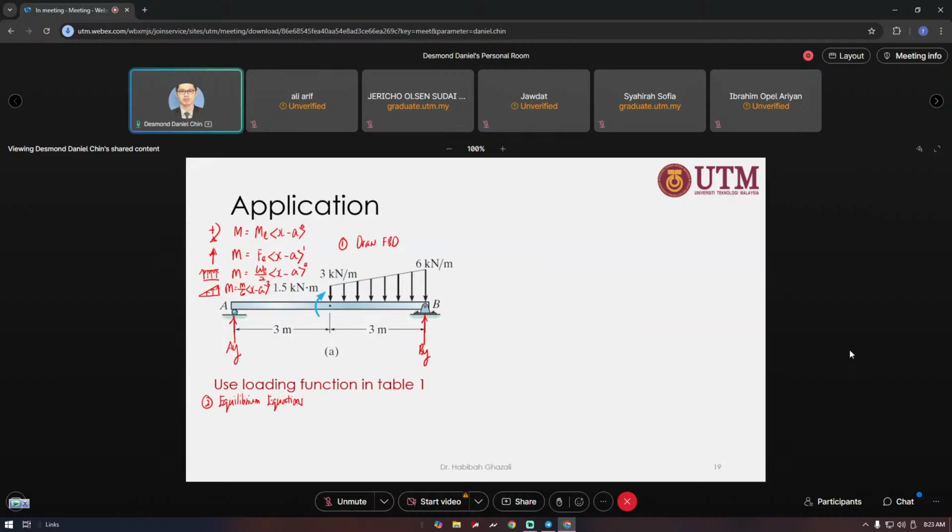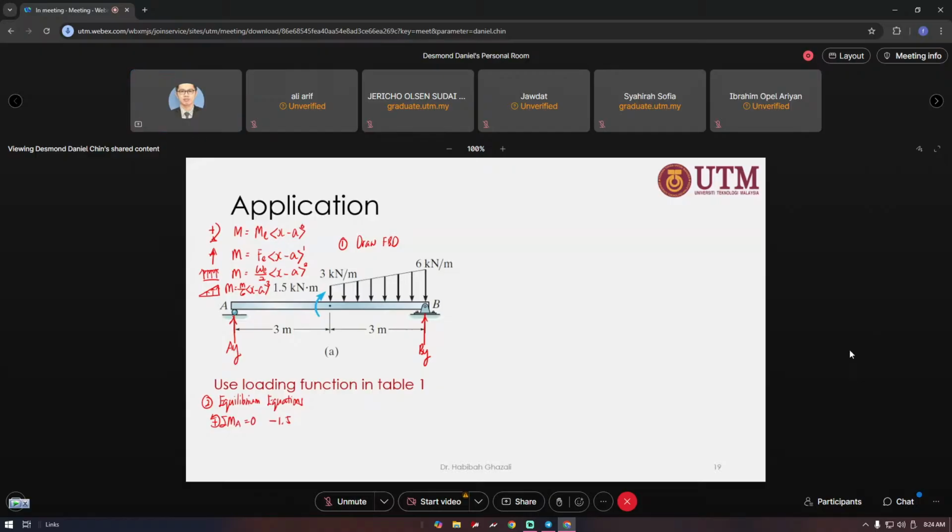Let's say I take the summation of moment at point A equals 0. I can see that there is 1.5 kilonewton meter, which is already in clockwise motion. So therefore, this is negative 1.5. Agree? You don't have to multiply by perpendicular distance, because it's already a moment. So directly just plug in the value.